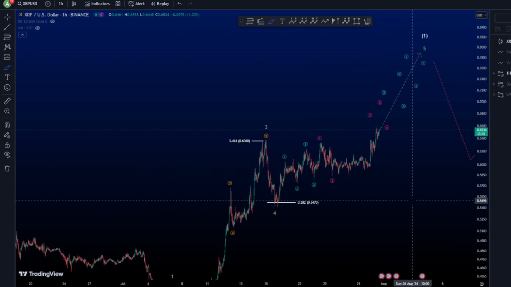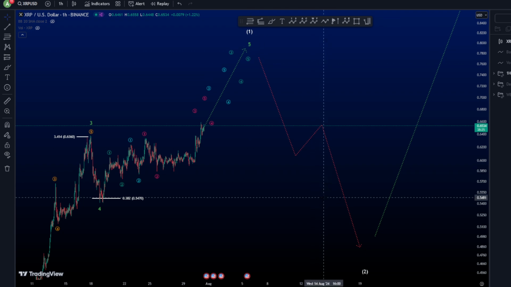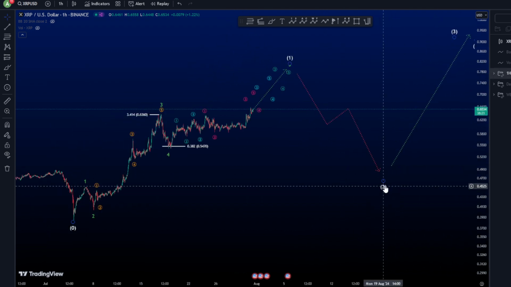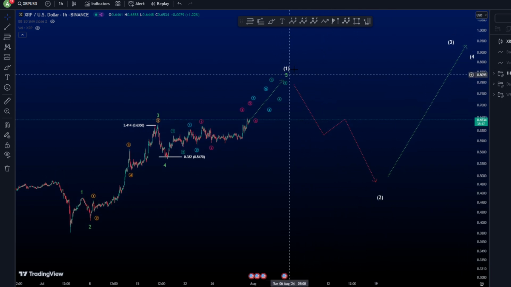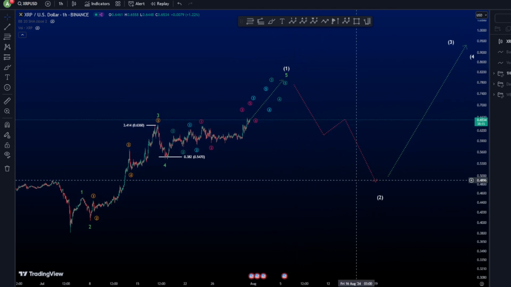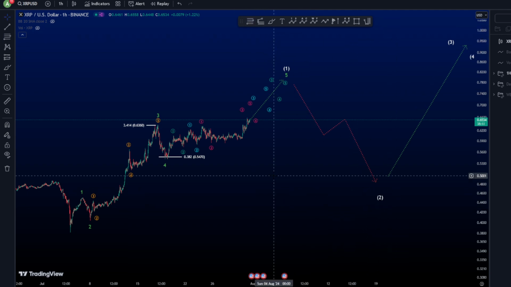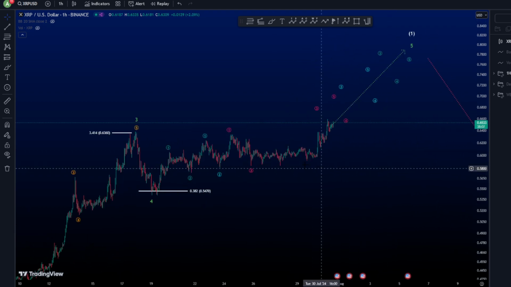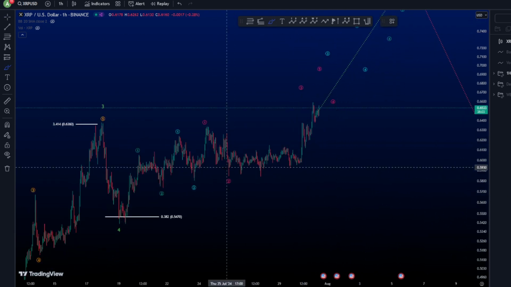After this, we are expecting a continuation towards the downside, targeting the wave 2 fib levels. Once we top with the wave 1, we can then mention the wave 2 fib levels.